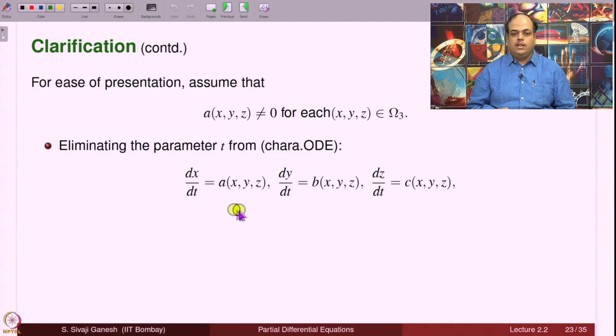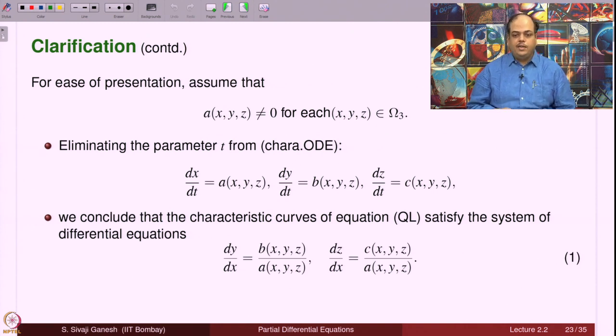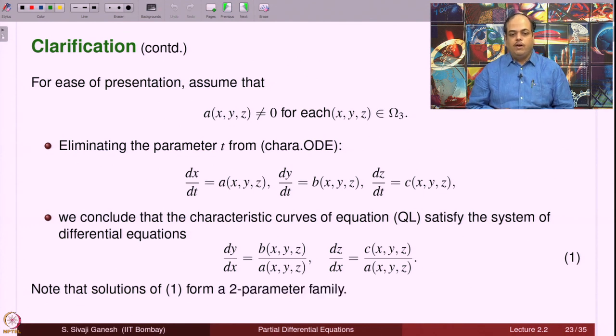Then I will get dy by dx equal to B by A and dz by dx equal to C by A. I eliminate t. It means that I am assuming something about it. Let us not discuss that right now. So, note that solutions of this form a 2 parameter family, a system of 2 equations. So, 2 parameter family.